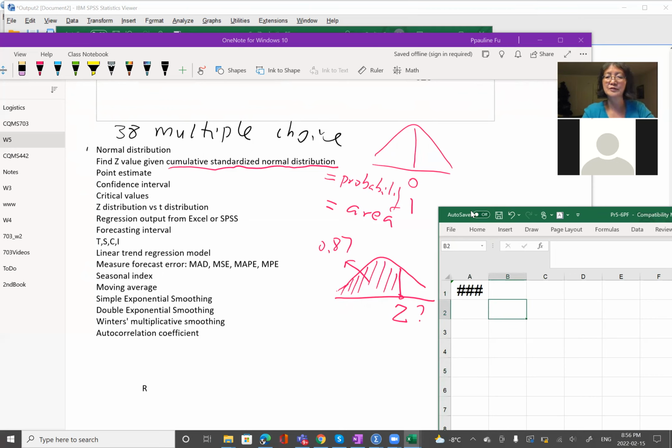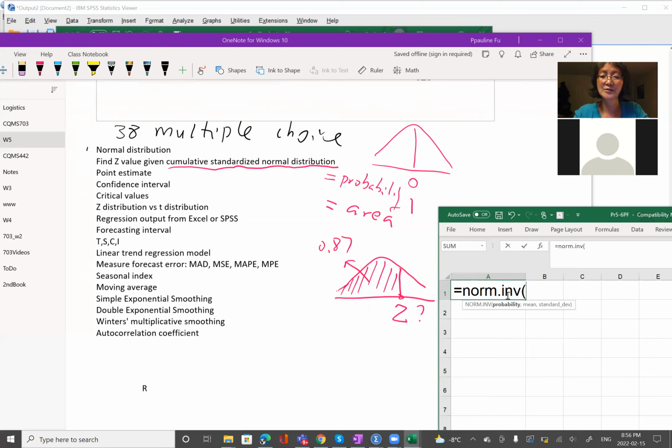Just try to move the screen. Sometimes I cannot move it. Don't know why. So equal NORM.S.INV.